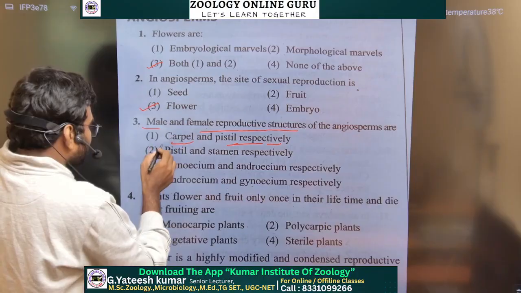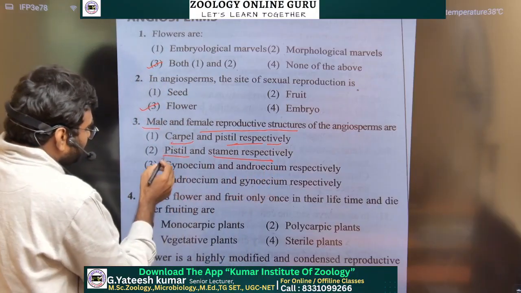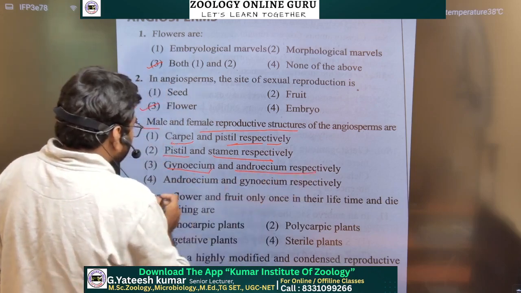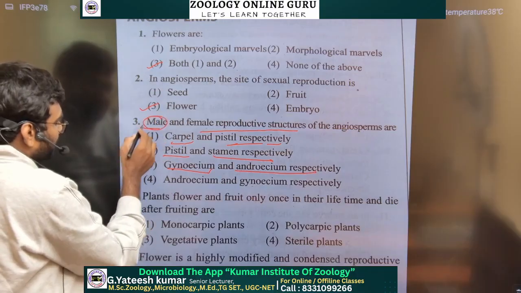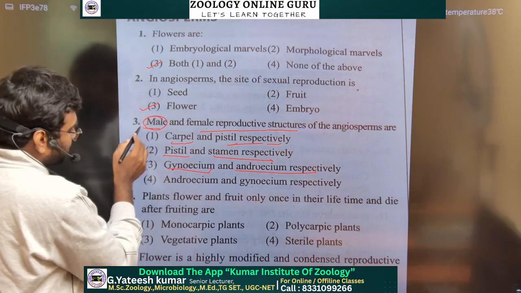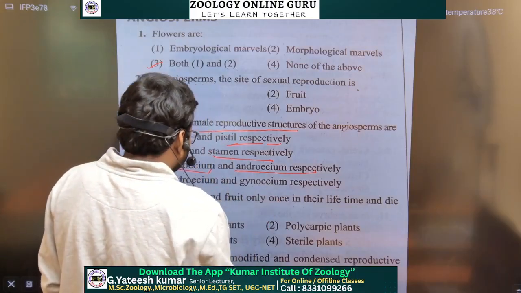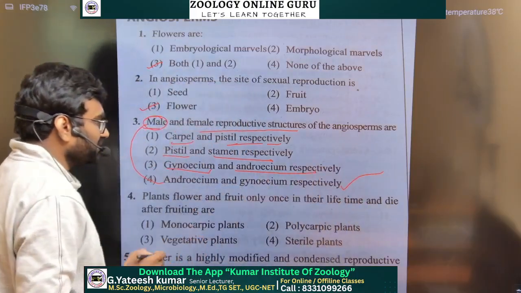So the second option, pistil and stamen respectively, is no. Male is androecium, female is gynoecium. The third is also no. The fourth option: the male reproductive structure is the androecium and the female reproductive structure is the gynoecium. So the fourth answer will be the right answer.